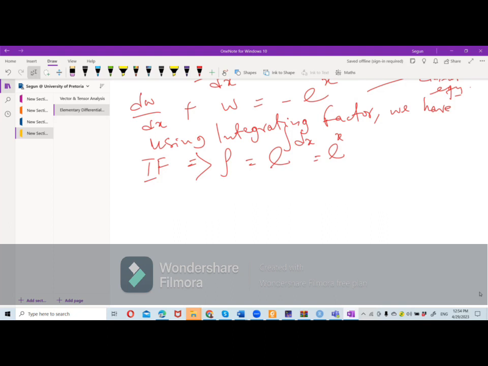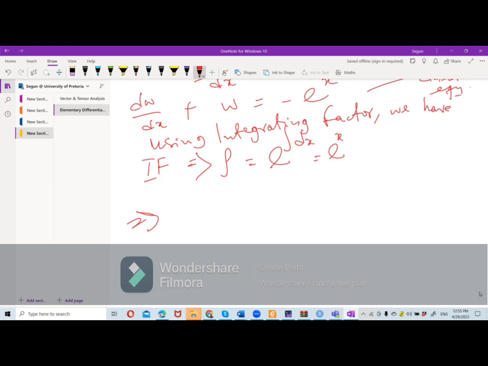At this point, we use the integrating factor. So what will now be the way out for the integrating factor? Who can tell us? Okay, if the answer is no, then I can go ahead by solving it.